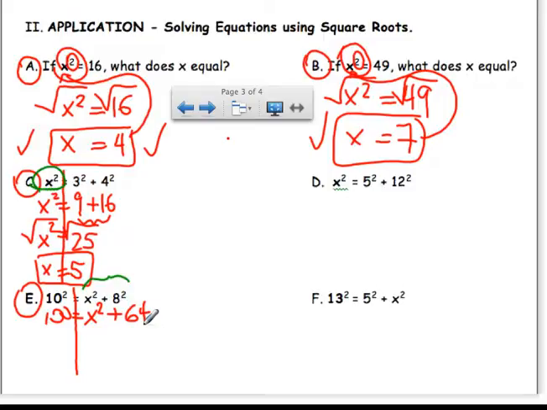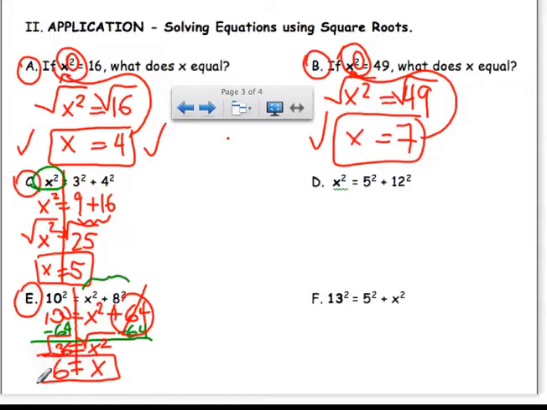And so the way I'm going to do that is by adding the opposite of that constant, which is negative 64. Negative 64. And I have 36 on the left side equals x squared, because my constant canceled out. And so I have 36 equals x squared. To solve, again, I need to find the square root, and x equals the square root of 36, which is 6. And that's my solution.